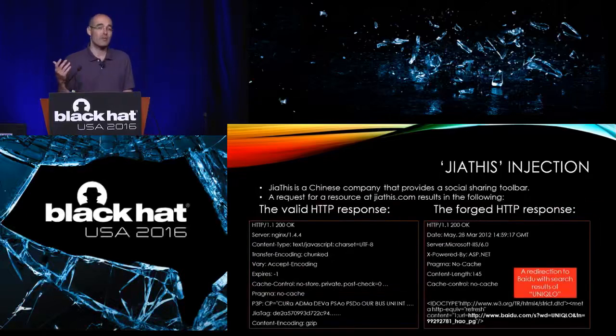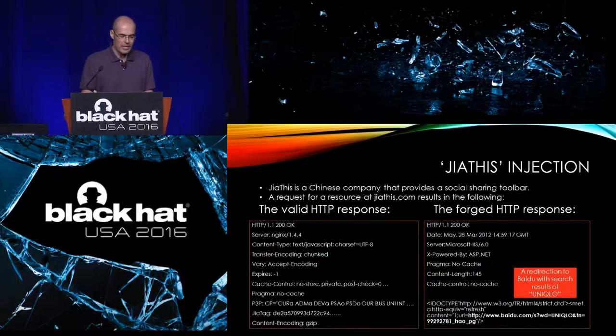Yet another example of an advertisement injection is for a user who browsed jihadist.com, which is a Chinese company that provides a social sharing toolbar. Again, on the left, the valid response, and on the right, the forged response. And this time, also a redirection, but using the HTML meta tag refresh, which simply redirects the user to the URL you see down below. And this time, the user was redirected to Baidu.com, the Chinese search engine, with the search term Uniqlo, the fashion store.